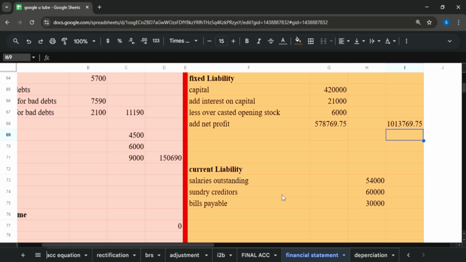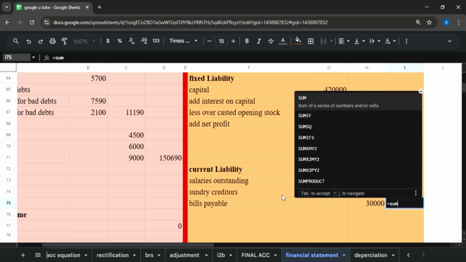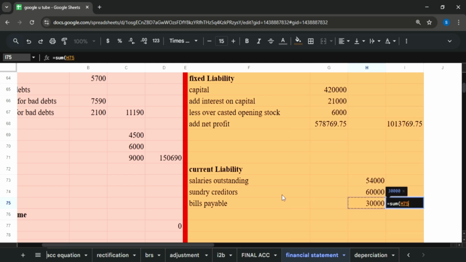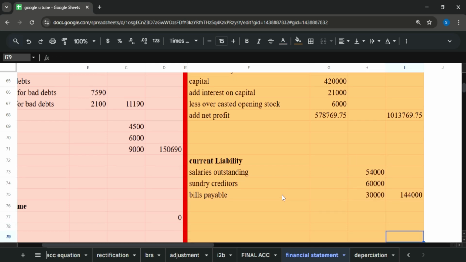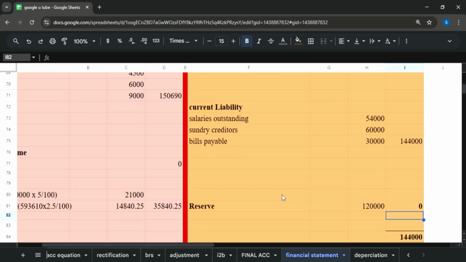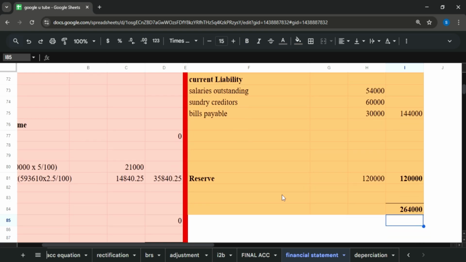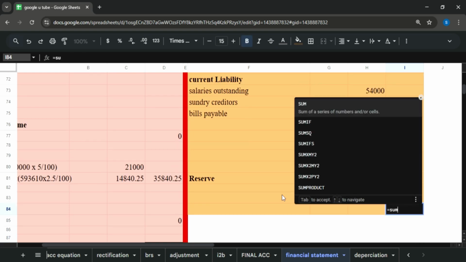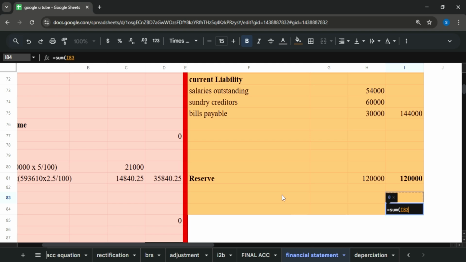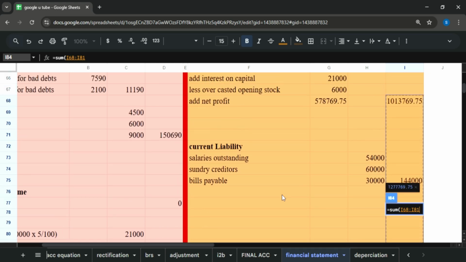So finally fixed liability total is here, and now we can calculate sum of current liability. It has also been calculated. There is only one reserve, and now we will take sum of reserves, current liabilities, and fixed liabilities.